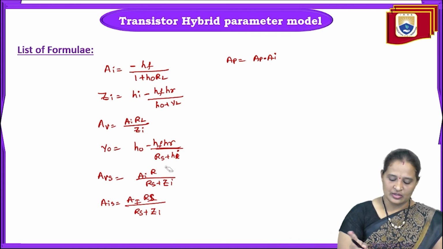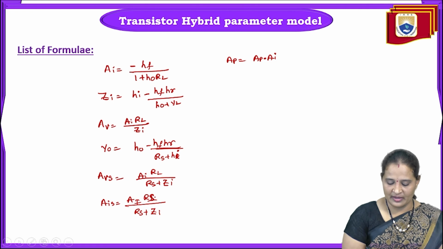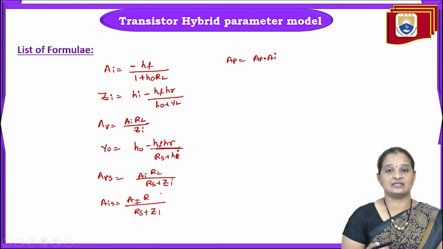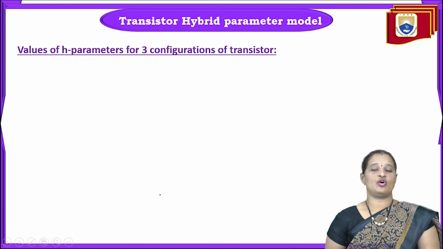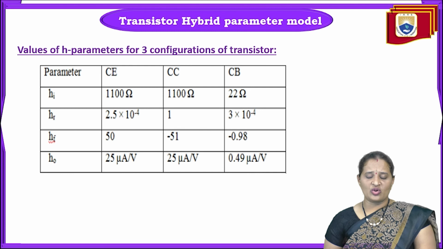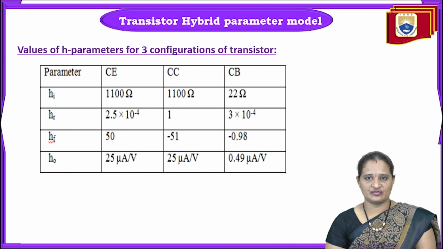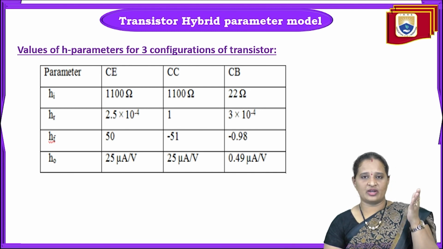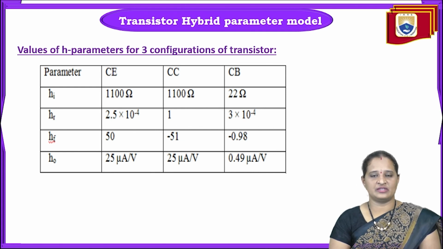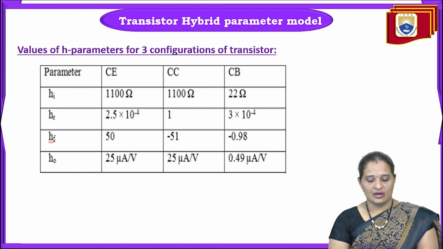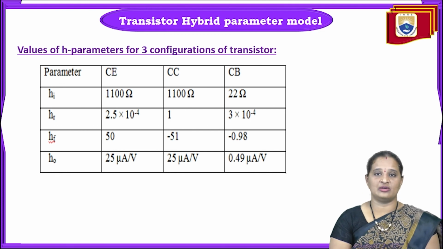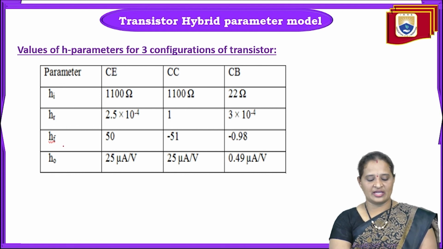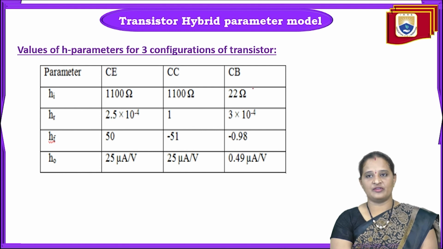These formulas are applicable for any transistor amplifier, whether it is a common base amplifier, common emitter amplifier or common collector amplifier. The only difference is that the H parameter values will change. Whatever analysis we have done is applicable for all three configurations of the transistor. These are the H parameter values, HI, HR, HF, HO, for the three configurations.